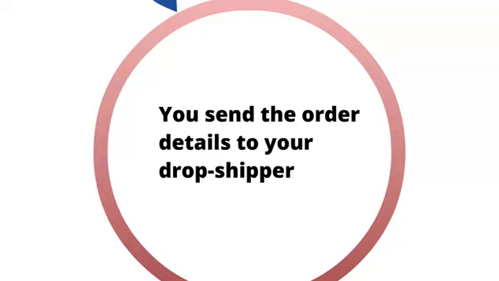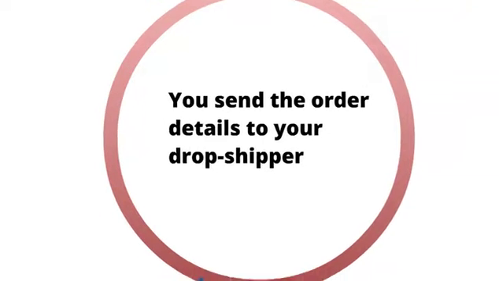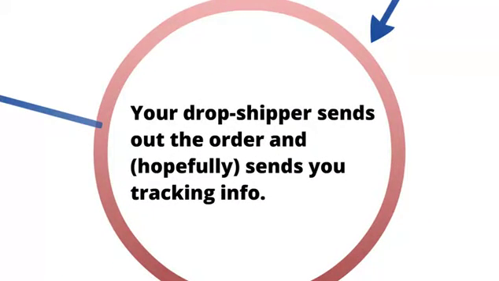You'll send the order details to your dropshipper. That's going to depend how you do it, whether it's via email or through their website. If you're using one of the big dropshipping accounts, you're basically going to need to send all the shipping information, first name, last name, shipping address, sometimes phone number depending, and then what products they ordered, the quantity, and any sort of variation details such as size, flavor, color, that sort of thing.